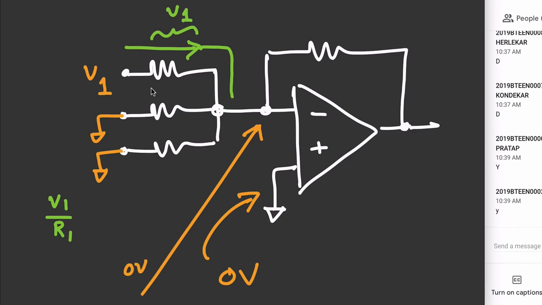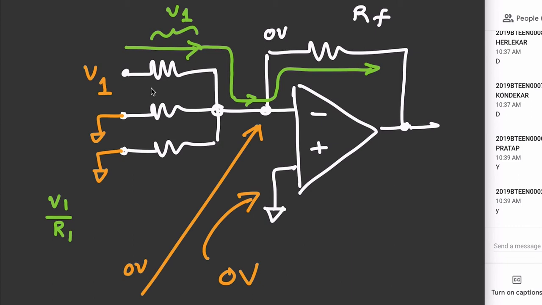So the only possibility is this, and this is also not possible because the op amp doesn't take any current. So this possibility is also gone. The only possibility that remains is that the current will go this way. So we'll write down this as RF. The left hand side of RF will be at 0 potential because of virtual short. So let us write down here 0 volt.